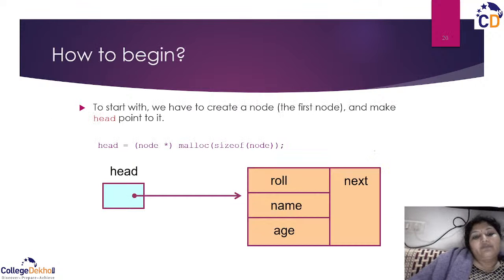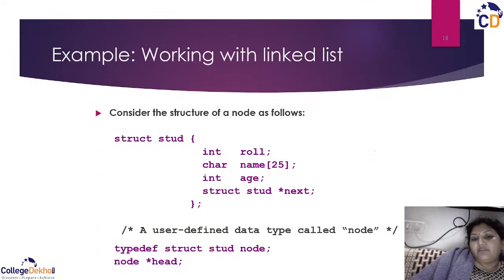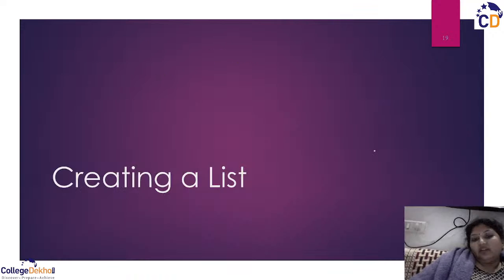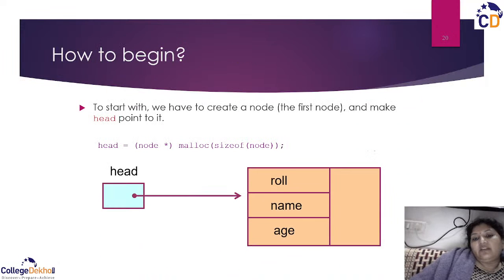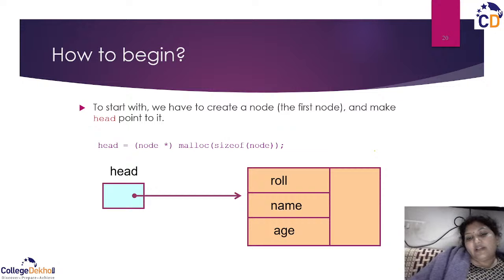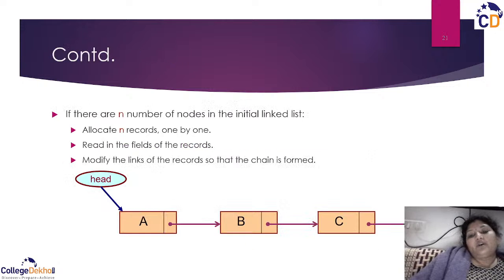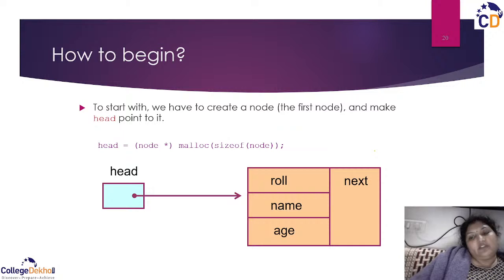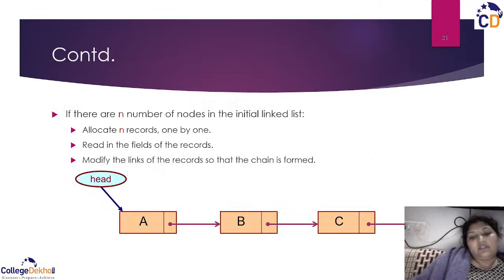You have head, and you have roll number, name and age in the stud variable. In the stud variable we have head, that is pointing towards the first element or the start of the linked list, and it is holding the roll number, name and age, and the pointer holding the address part of the next element.